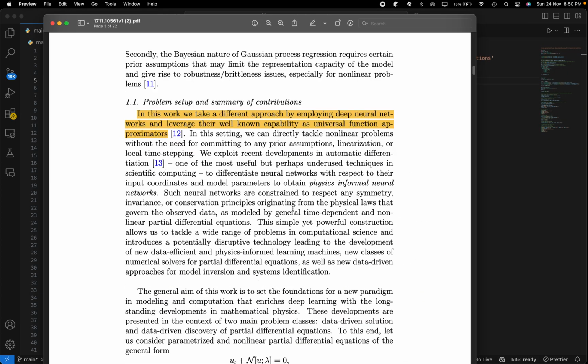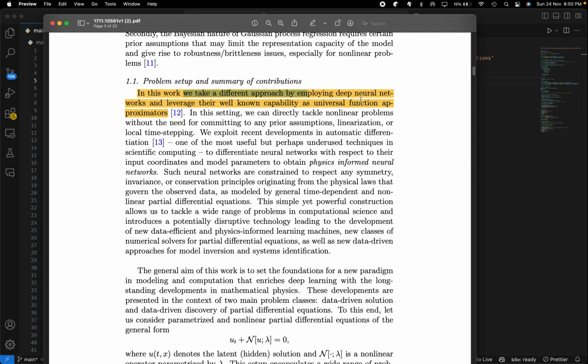So in this work, we take a different approach by employing deep neural networks and leverage their well-known capability as universal function approximators. Sometimes papers get a little technical with their language, but what universal function approximator means is that, if you have studied neural networks and how the backward pass and activation functions work, at its heart a neural network creates a function which tries to estimate a data distribution.